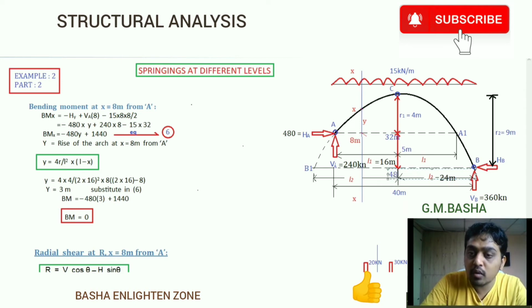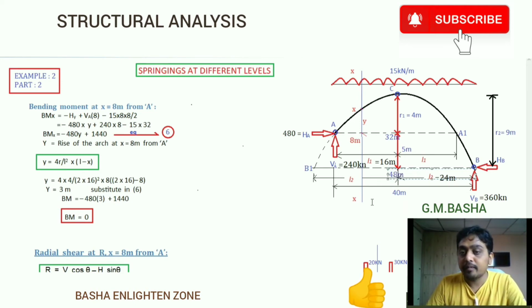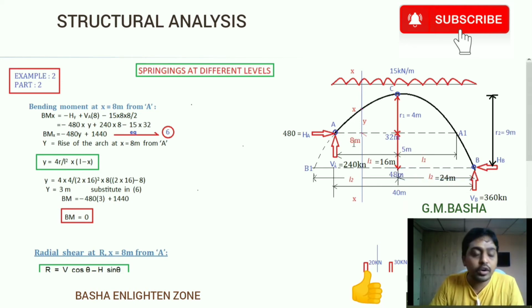So what I am saying is, if you want the L value for the left support, consider this line from here to here, A to A1, which is 32 meters. If you are going to find the bending moment from the right support, consider this L value equal to 24 into 2, up to B1 to B.